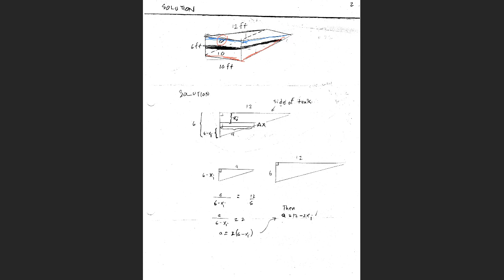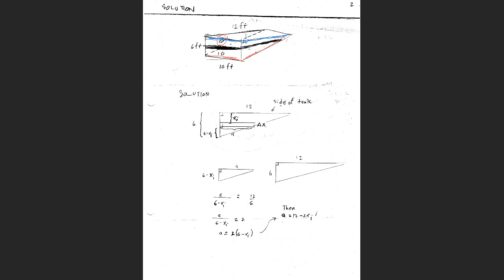What about this layer of water at the top of the tank? That basically gets moved 0 feet. It's at the top of the tank, so it just gets pumped out right away. So that's 0 feet.